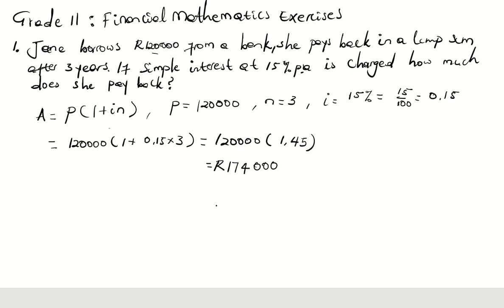And we see that the interest charged will amount to 174,000 less the principal amount. This is A. And then we're subtracting from it P, which was 120,000. Yes, that's going to be 54,000.